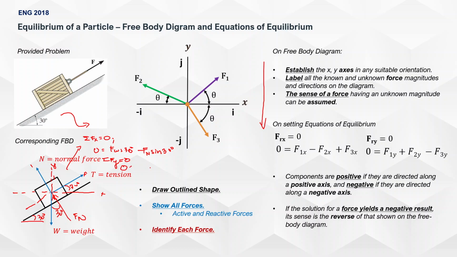So 0 is equal to, we have positive F sine 30, and then you have minus W, and then minus Fn cosine 30 degrees.